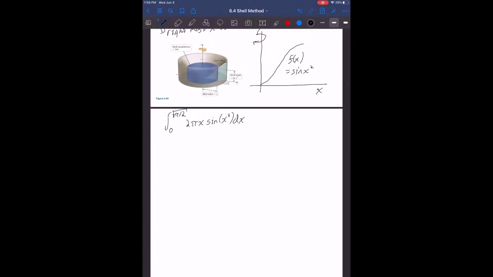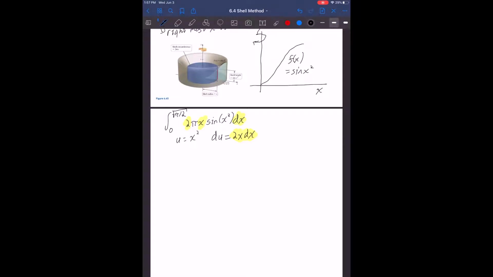So in particular, you always want to pick u as your inside function, so u is going to be x squared. Taking derivatives, we're going to get du is equal to 2x dx, right? And this is great. We have this 2x and a dx right there, so we can take this 2x times dx and just substitute that back in for a du.